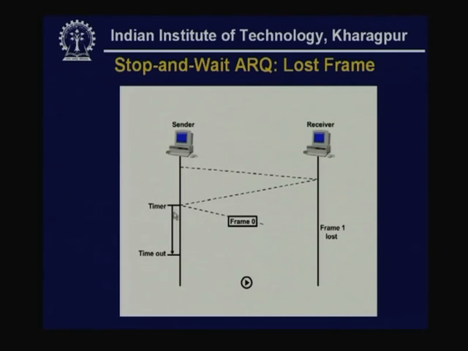We can see there is a timer which times out, and after the timeout is reached, the same frame 0 is retransmitted. I have shown it only in this case, but it happens for all the cases.